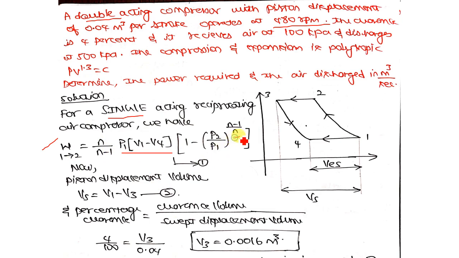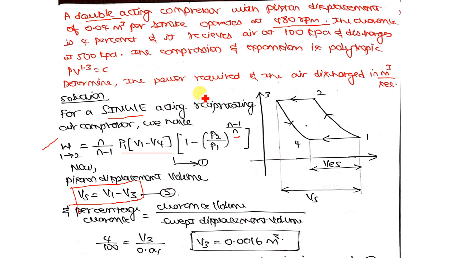Now, the piston displacement volume is nothing but Vs. It is nothing but the swept volume, guys. I generally discuss it as the swept volume; here he has changed the term to piston displacement volume, which means the same thing.